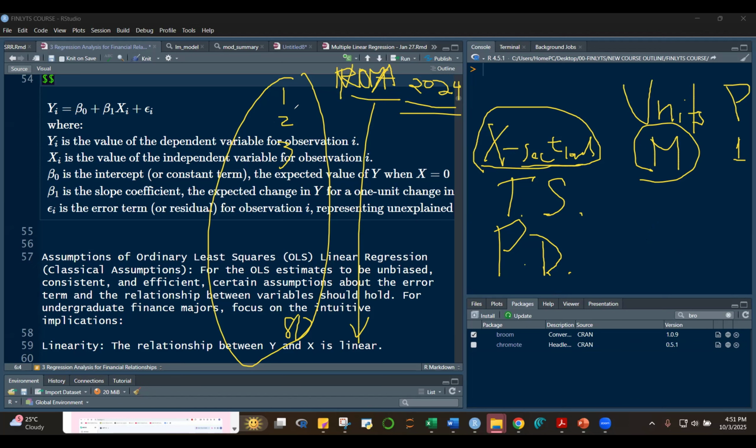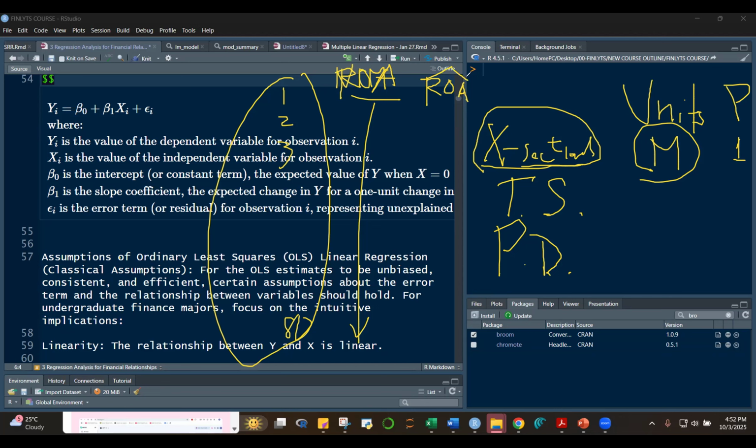Why is that so? Okay, so for example, you have this is your actual value, ROA, and then you created a model. Okay, so for the model, you are predicting your ROA. After creating your model, you have this ROA hat.